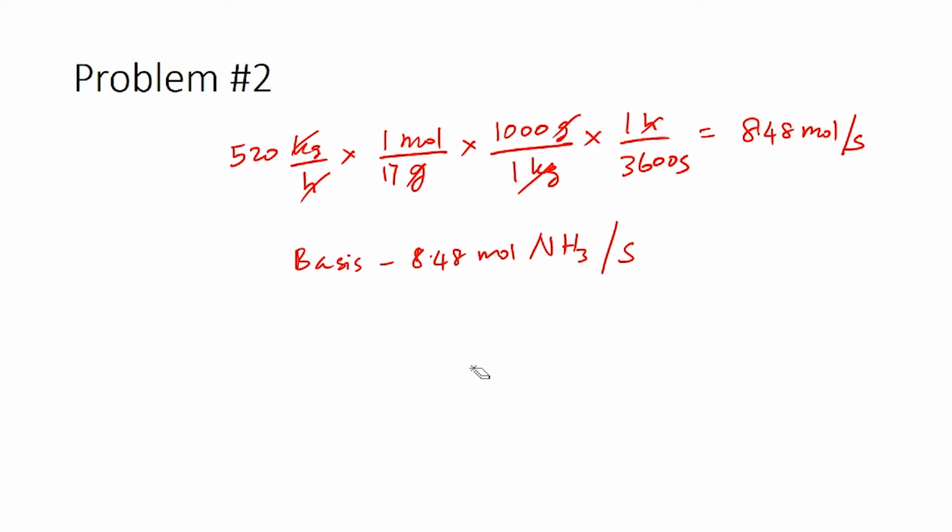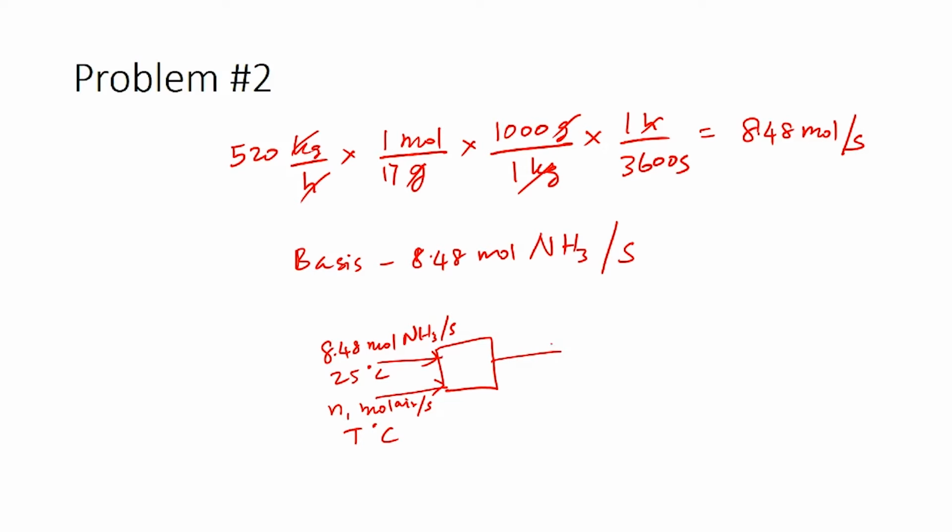We have a gas blending unit with one feed, which is ammonia, 8.48 moles of ammonia coming in per second at 25 degrees Celsius, and there is another stream of air coming in. We do not know the number of moles of air being fed, so let us call it N1 moles of air per second, and we also do not know the temperature at which it is coming in, so we will call that T degrees Celsius.